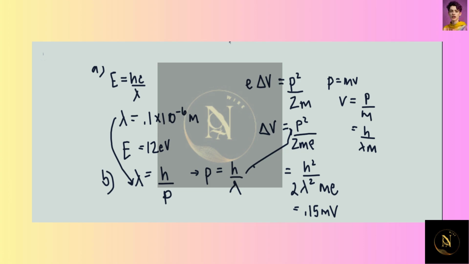I'm going to go ahead and calculate that: h divided by 0.1 times 10 to the minus 6, and then multiply by the mass, 9.109 times 10 to the minus 31. And I get 7.3 times 10 to the 3.